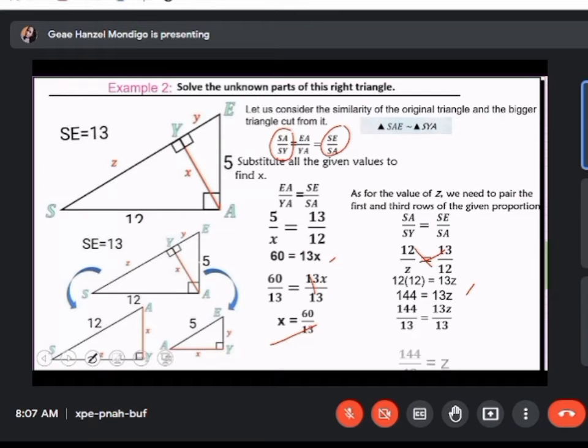So we have the value of z, 144 over 13. Since we have the values that we need to find, we have x which is 60 over 13, and z which is 144 over 13. Then, last, we are going to find the value of our y.